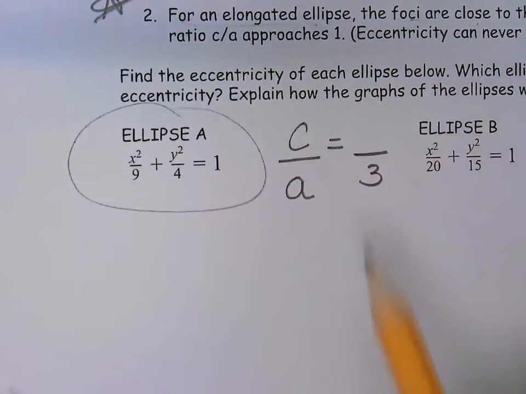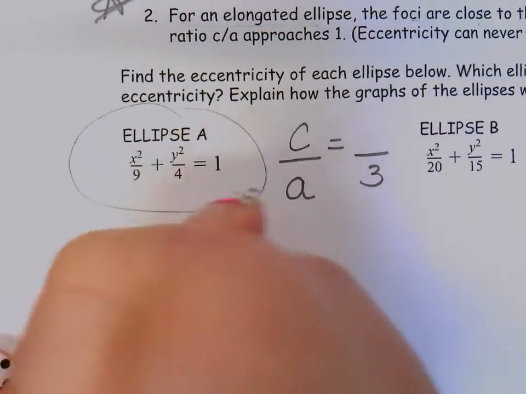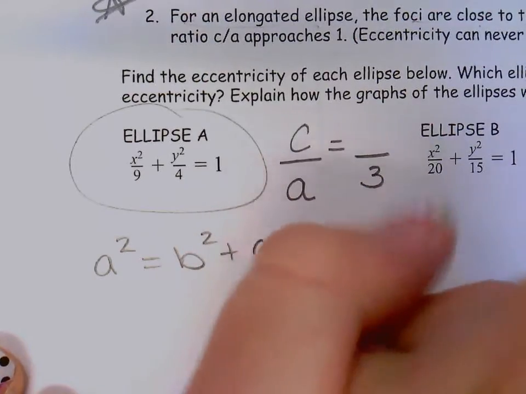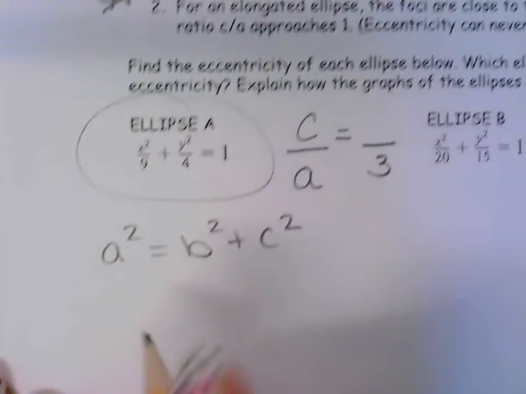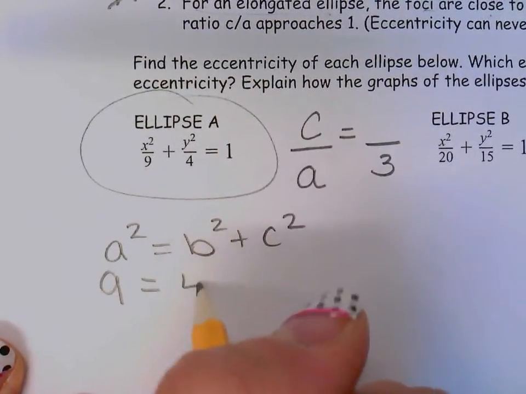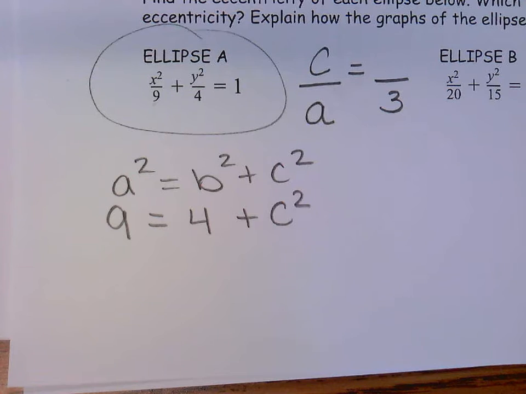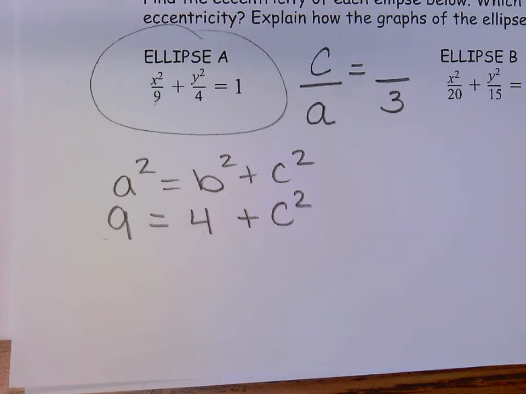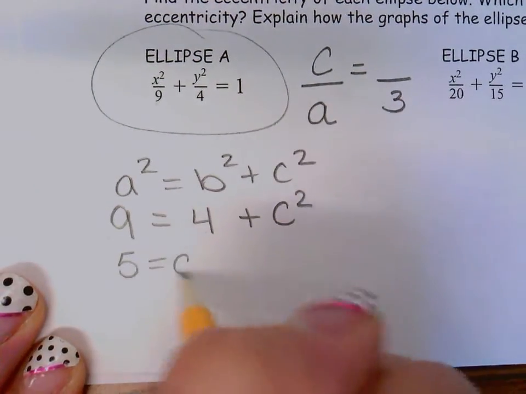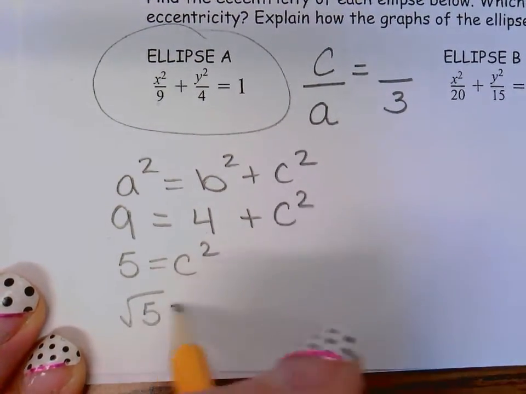So I need to calculate what C is using A squared equals B squared plus C squared. Right, so 9 equals 4 plus C squared. You're going to solve that for C. So you'd subtract 4 to the other side and take the square root of both sides. So you'd have 5 equals C squared. So the square root of 5 is equal to C.